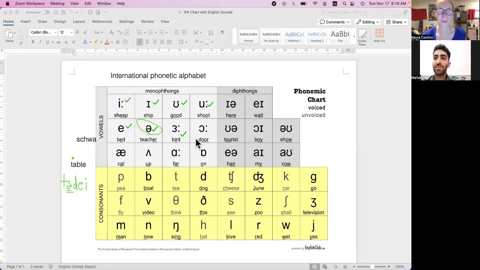Okay, so bird or first or fur coat or let's see what else, skirt. I can't think of an ER in the moment in a word, in the beginning of a word. Future. Turkey. Future. The second syllable.